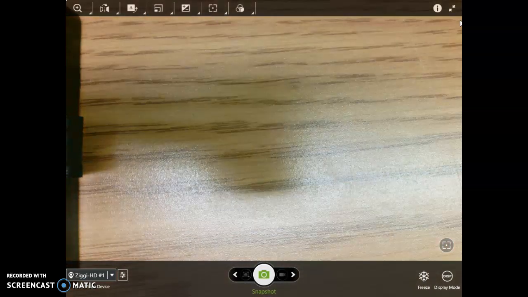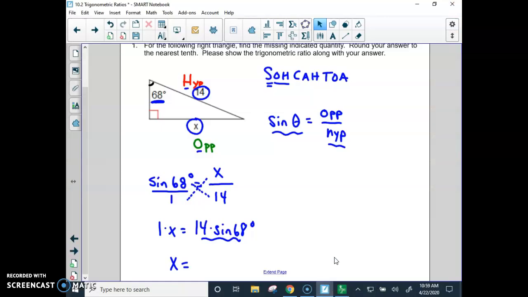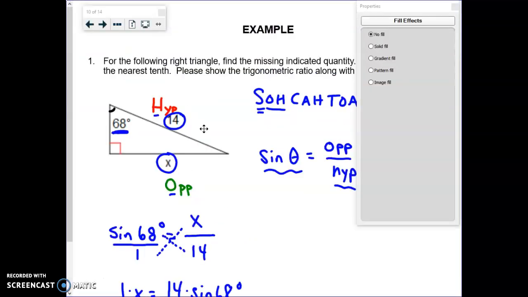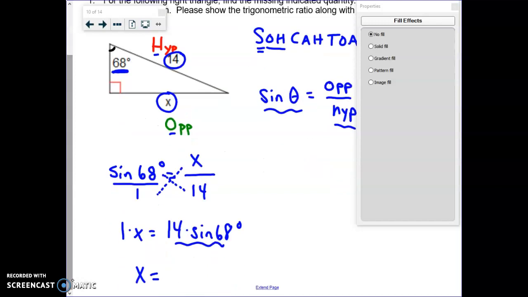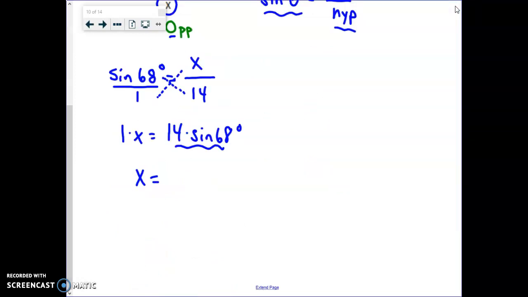So if I go back here, ladies and gents, we'll find that the sine of 68 degrees times 14 is, ladies and gentlemen, 12.98, yada, yada, yada.